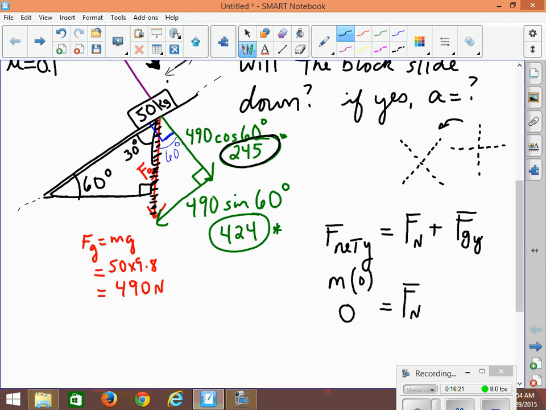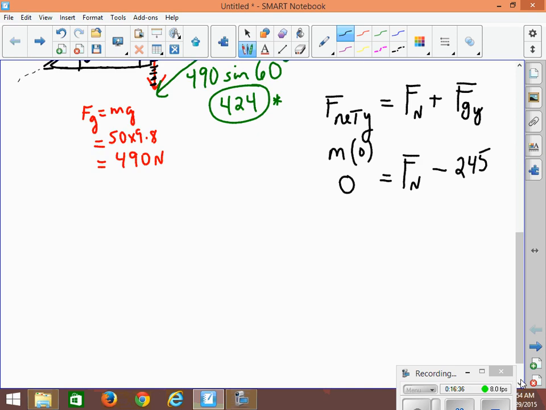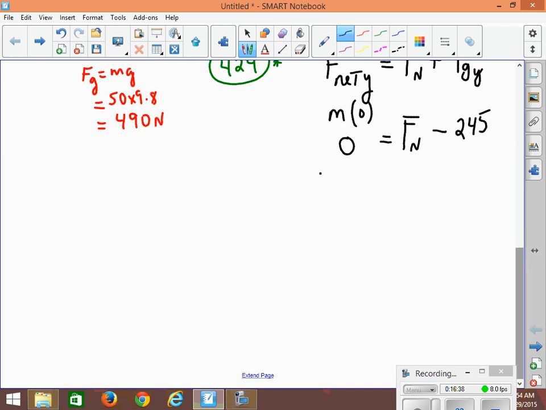But we do know something about FGY. We know that it's 245 newtons. We also know that it's 245 newtons downward. So I'll use a negative for the down and 245 newtons for the value of the force. And then you see that when we bring it to the other side, we now know the value of the normal force. Notice something important.